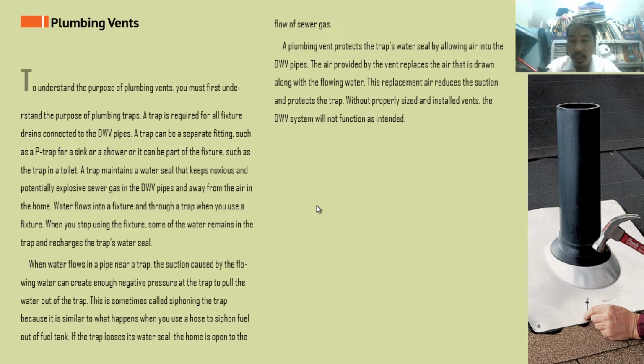There is no water seal, meaning the bad smell and the potentially explosive gas inside will come out through the toilet bowl. The water seal prevents that from happening, because gases cannot pass through water.